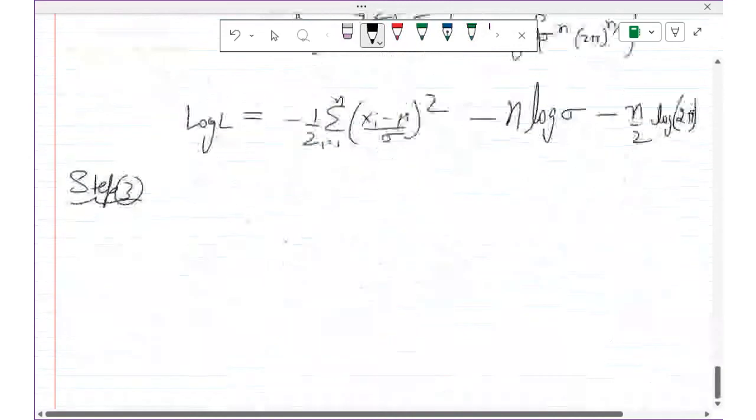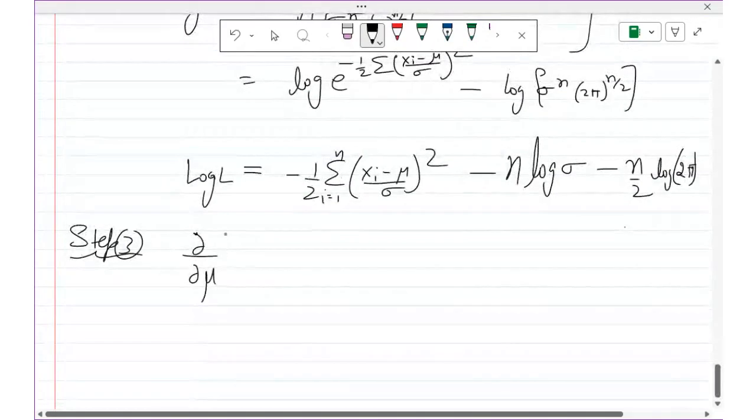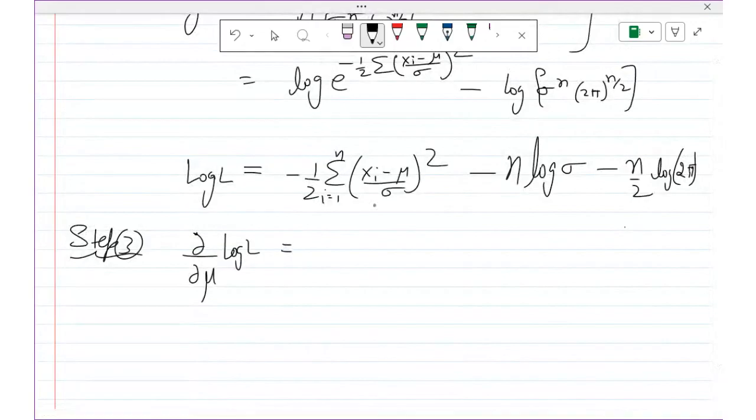So I will do the partial derivative with respect to mu of the log L. Let us do the derivative. Minus half is constant, it will remain as it is. Sum as it is, i varying from 1 to n. First this power 2 will come in the front: (xi minus mu divided by sigma), subtract 1 from the power, so 2 minus 1 is 1, into the derivative of this inside function with respect to mu.